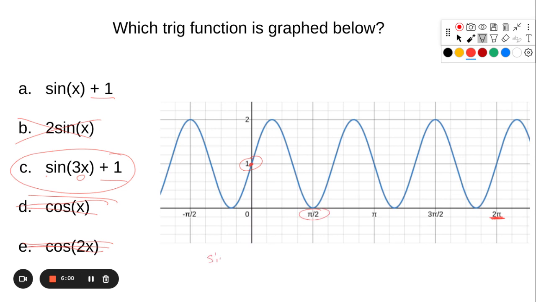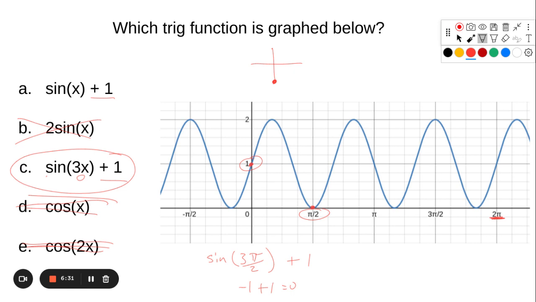That would be sine of 3 times pi over 2, otherwise known as 3 pi over 2, plus 1. Sine of 3 pi over 2 is this spot. 3 pi over 2 is 270 degrees, and that's equal to negative 1. So what you wind up with is negative 1 plus 1, which is equal to 0, and that's the value of that function at pi over 2.